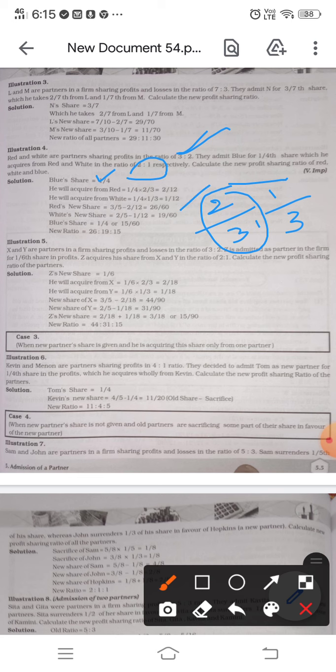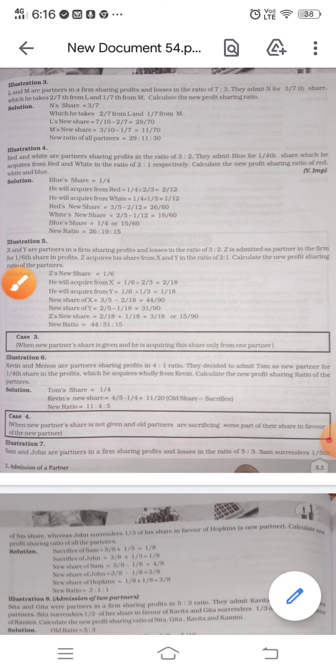And White's new share: his old share is 2/5, and in this he is sacrificing 1/12. And what is Blue's share? 1/4. So we have to see the denominator and make the denominator the same for all the partners, and find the new ratio for the three partners. Okay, it's a very simple sum.